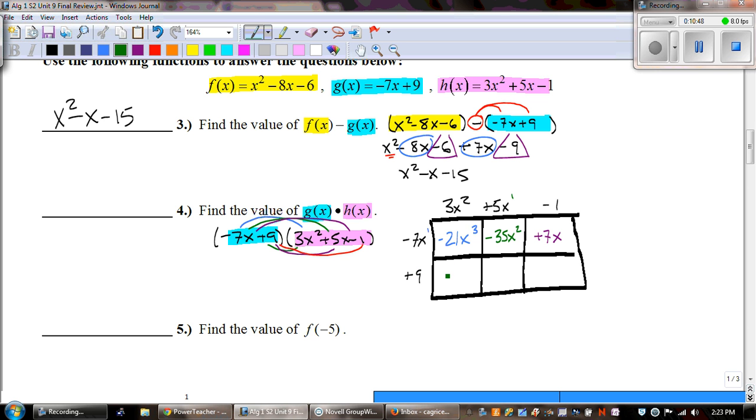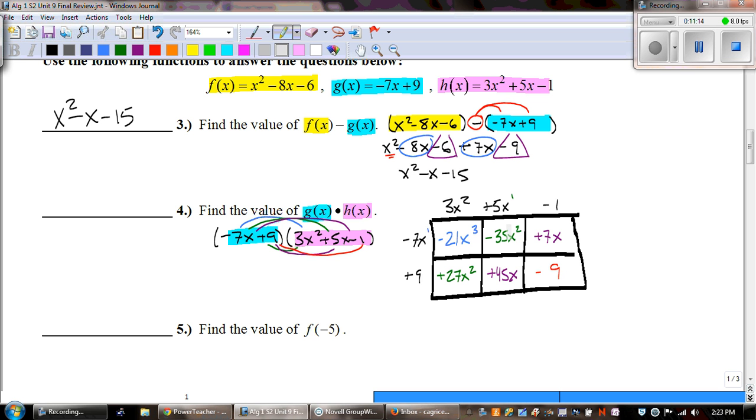Positive 9 times 3x squared gives us a positive 27x squared. Positive 9 times positive 5x gives us positive 45x. And then for the last box, we have 9 times negative 1, which is negative 9.